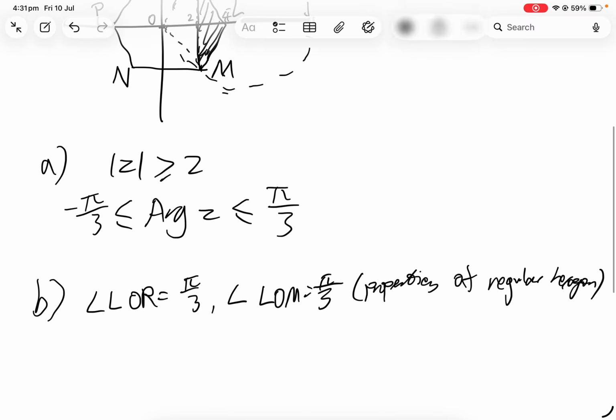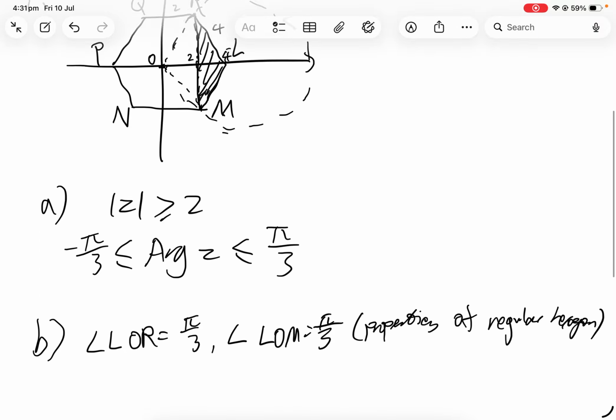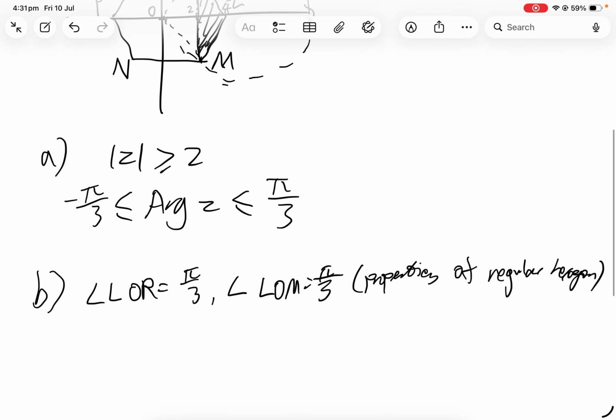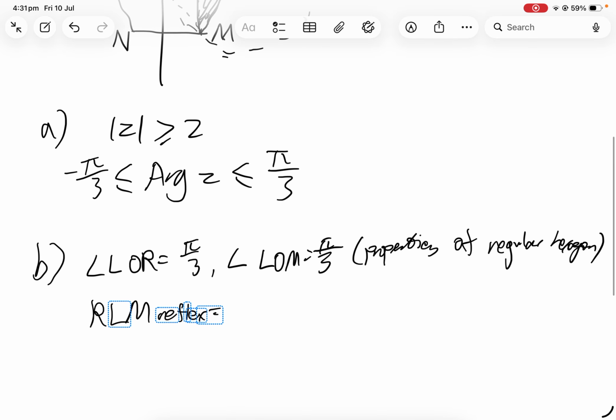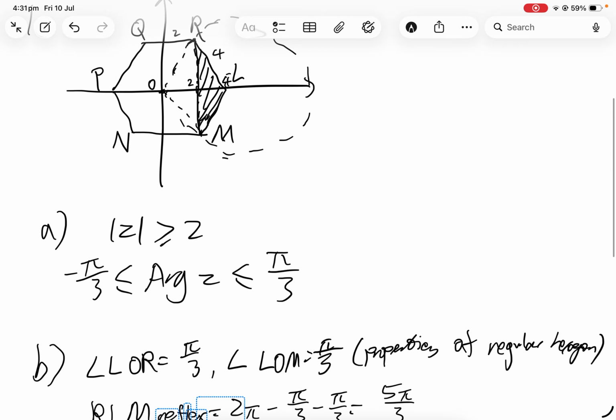And so that means reflex angle RLM equals 2 pi take pi on 3 take pi on 3, which equals 5 pi on 3.